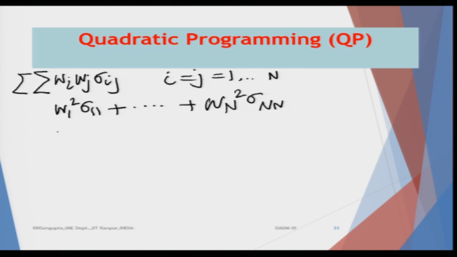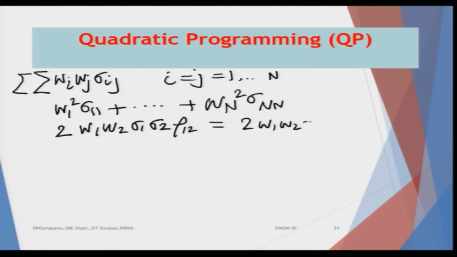So, obviously, a 2 will come, and for the first row, W1 W2 sigma 1 sigma 2 into rho 1 2, which is equal to W1 W2 sigma 1 2.